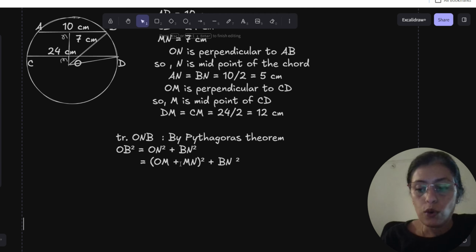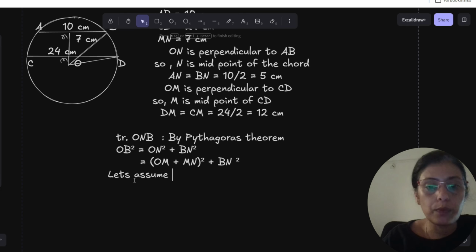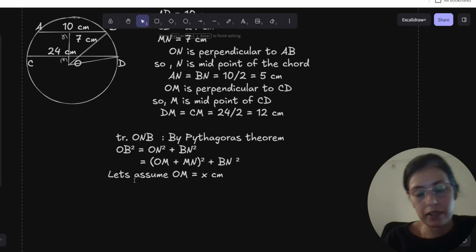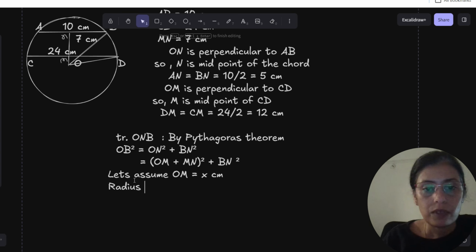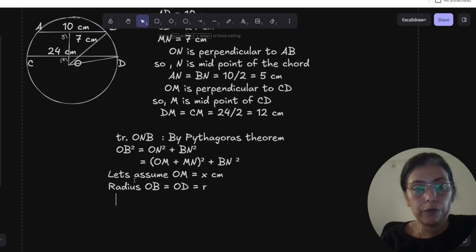Now for ease of reading, let's assume this OM, which we don't know, is equal to X centimeter. I assume this is X, and the radius OB or OD we can call R. So now I can write OB is R, right?